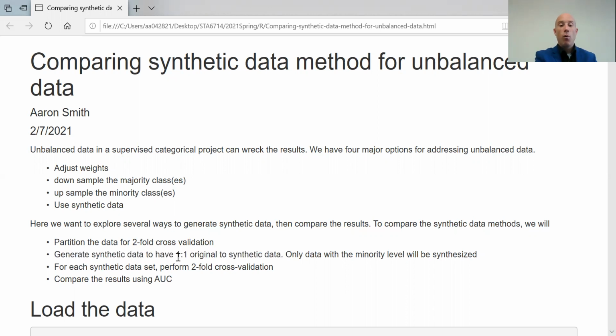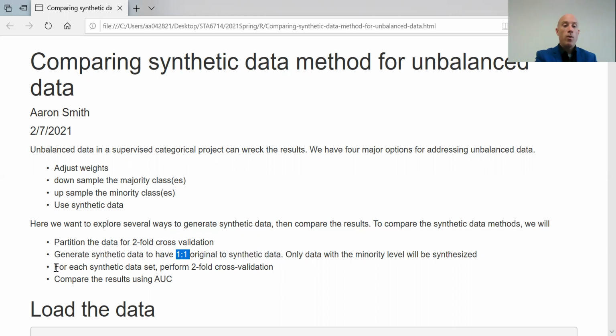I feel like with more than one-to-one, you have too little of the original observations if you're fitting on your synthetic data. So I feel like you should stop at one-to-one. If you don't have enough data after a one-to-one ratio, then I feel like you should look at weights, look at downsampling, and look at upsampling.